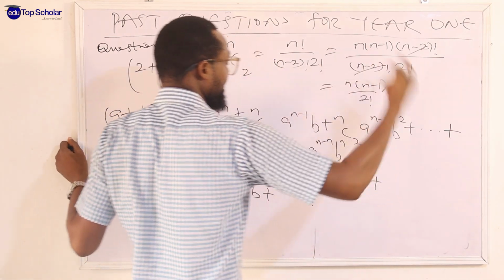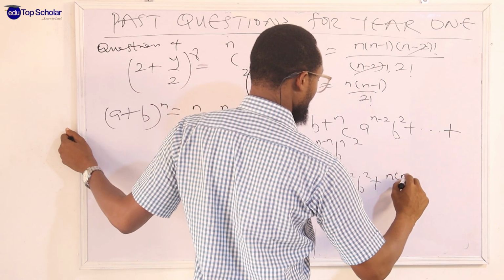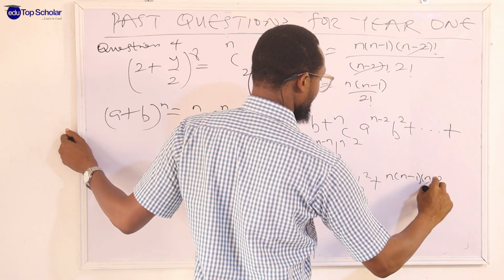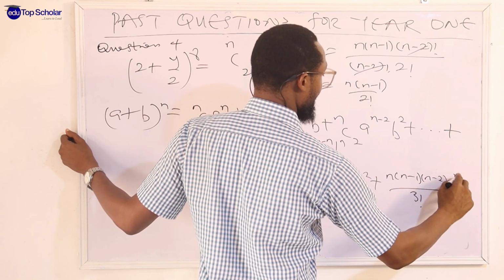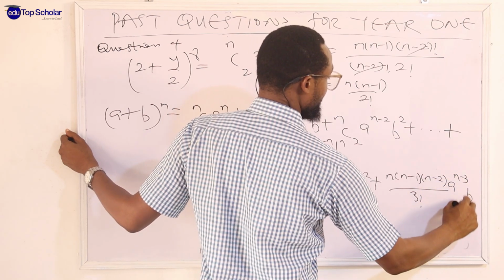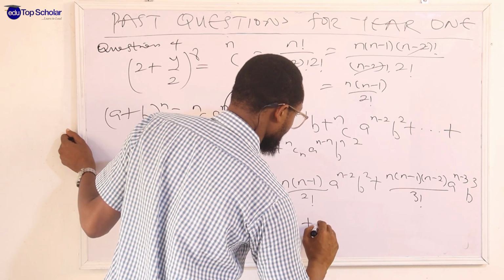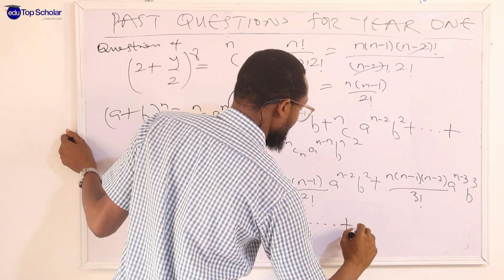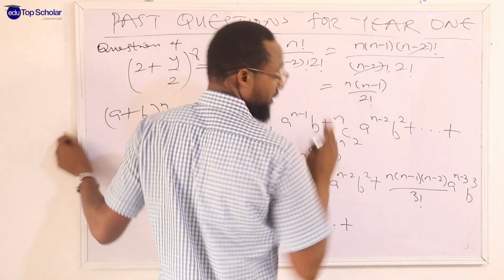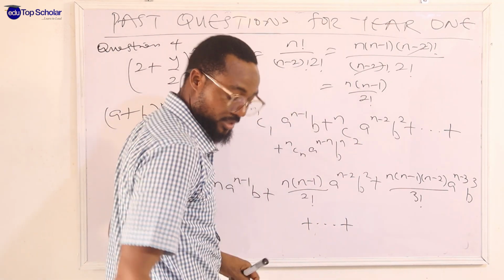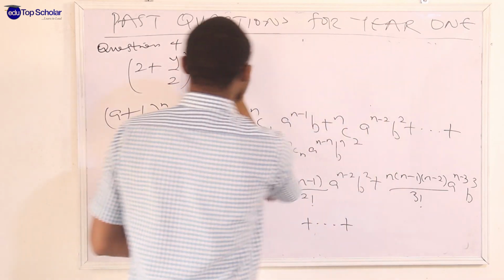So the next will be n combination 3. That will be n into n minus 1, n minus 2 over 3 factorial, a raised to power n minus 3, b raised to power 3, plus continuing like that until we get to n combination n. I have skipped n combination r because of our time.